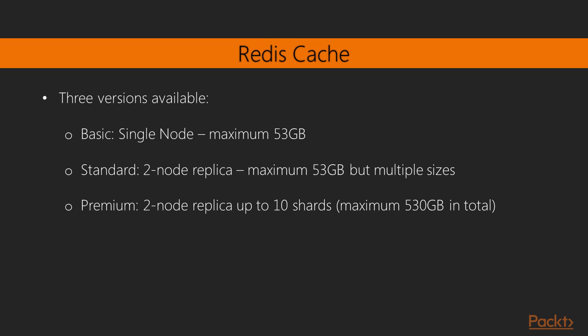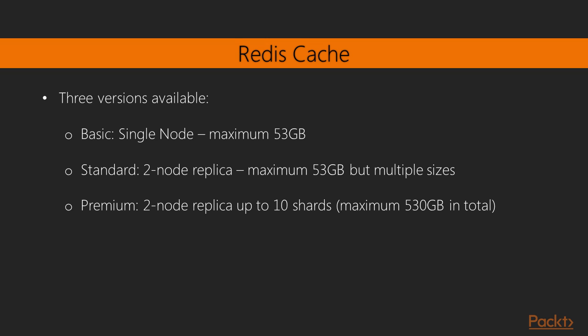The standard and premium are based on a 2-node replication cluster, where the standard gives you a maximum scale of 53 gigs again, spread over multiple sizes, and the premium version gives you again a 2-node replica and shared with a maximum of 530 gigs in total.